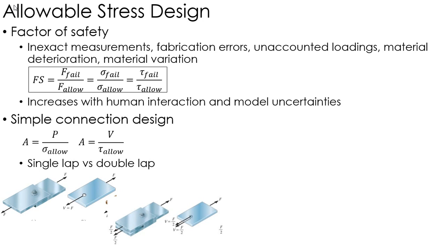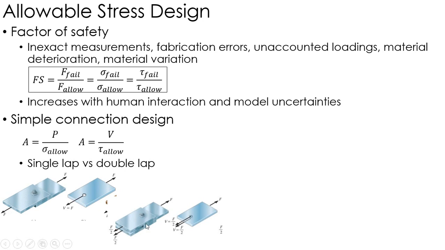So I'm just going to go through a couple of things here. First, in a direct shear sort of model, we talked a little bit about this. You have what's called a single lap and a double lap joint. So a single lap joint would be right here, where the applied load F is the same as the shear force going through a bolt that you have there.